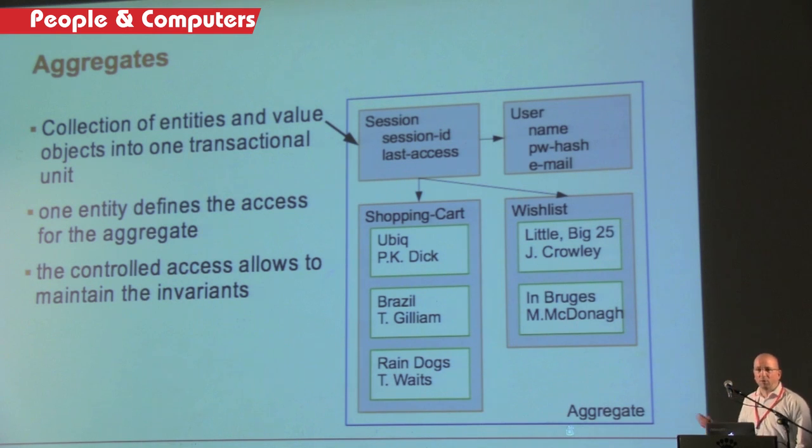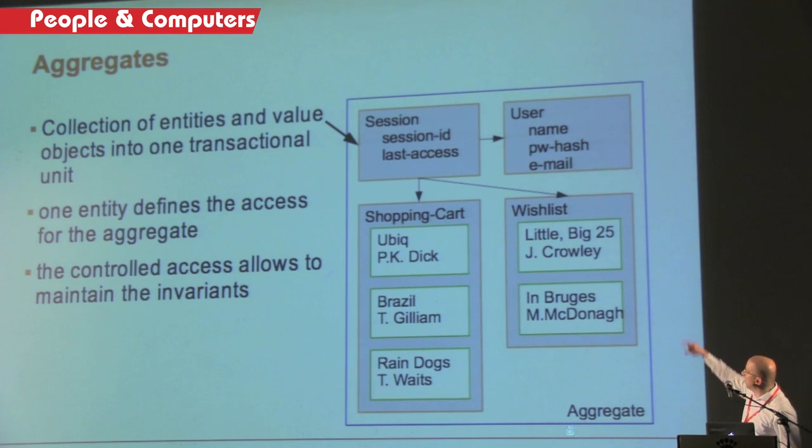The third type of objects that you have are the so-called aggregates. An aggregate is a collection of entities and value objects into one transactional unit. On the right-hand side, I have an example of that. The blue frame is the aggregate, and the orange things are entities in that, and the green things are supposed to be value objects.